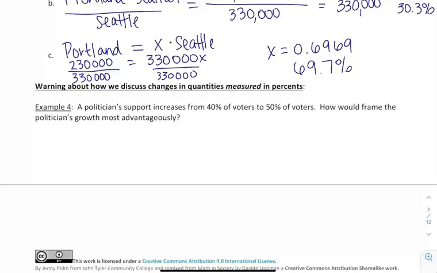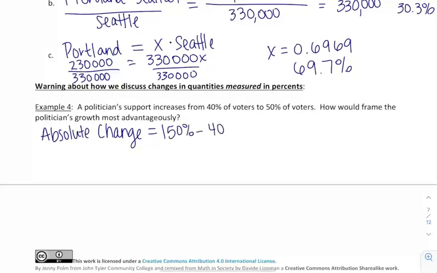Because we're already in percent, when we do our absolute change, we're going to take that 50% minus our 40%. Our units are going to still be percent. So the absolute change is a 10% absolute change.